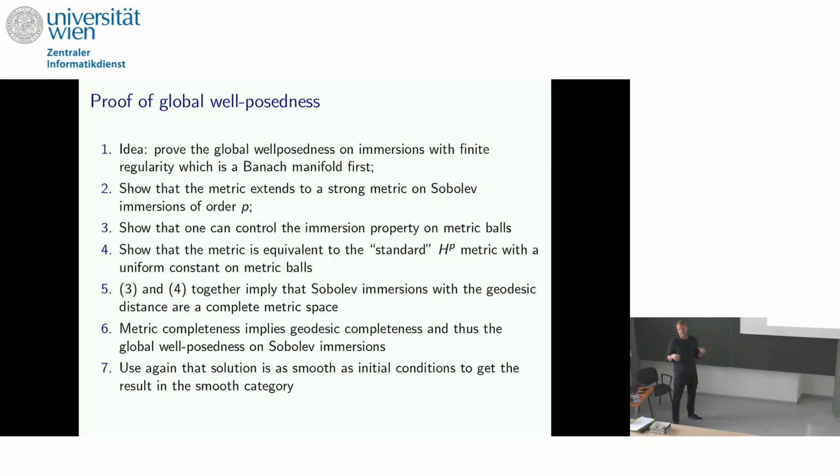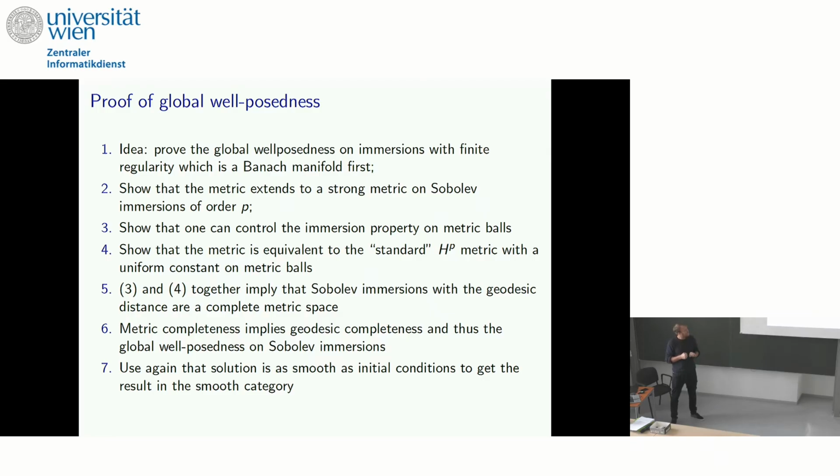Similar to the local well-posedness proof, we will not look at the smooth category, but we will go first to the Sobolev category where it is a strong Riemannian metric. But then we are not done yet. Then we have to work very hard to show that on metric balls, certain quantities can be controlled.